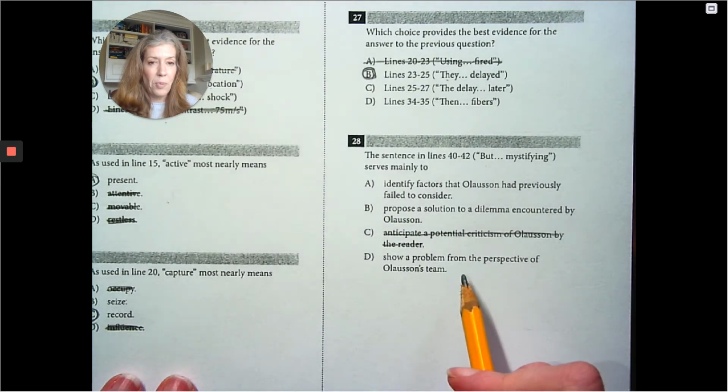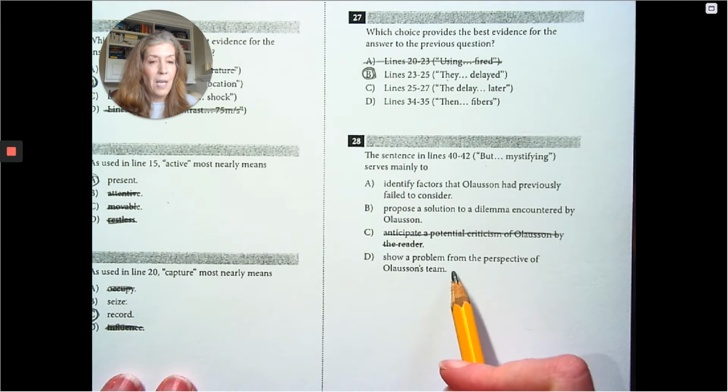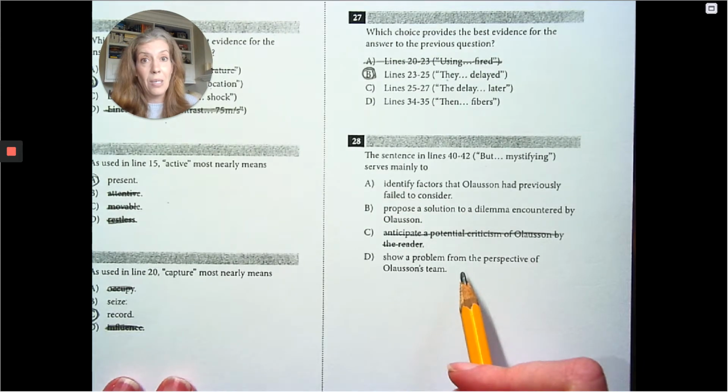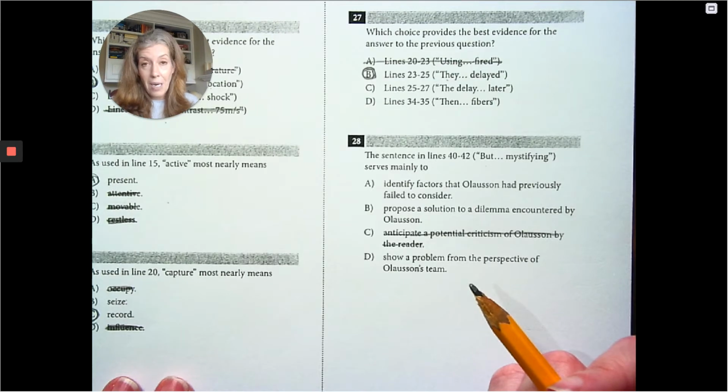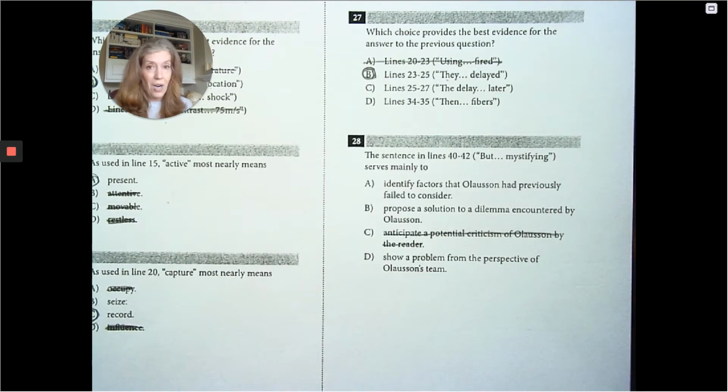Show a problem from the perspective of Olgeson's team. I like that, especially on a science one, because as we know, scientists love to form hypotheses and do experiments and then find solutions. However, I haven't met a scientist yet that doesn't mind continuing to study.